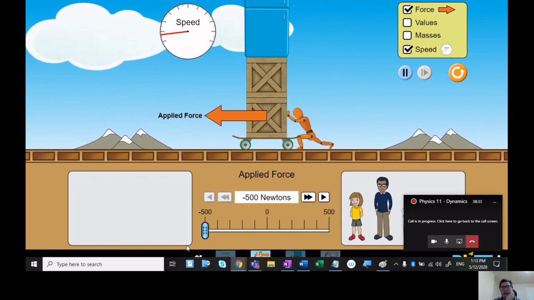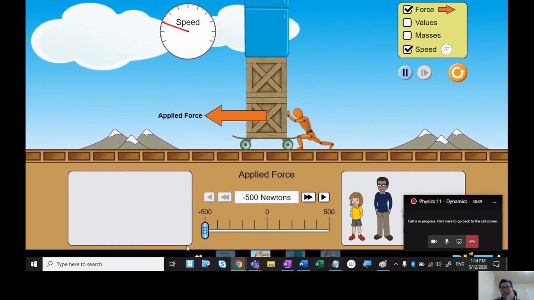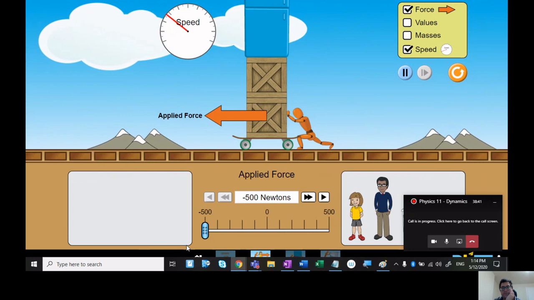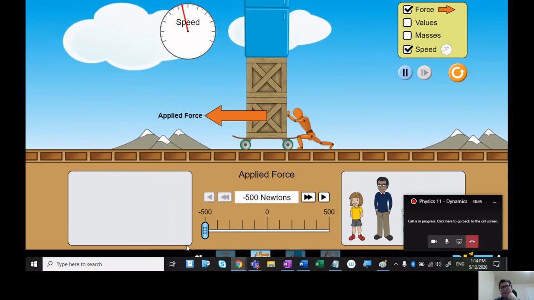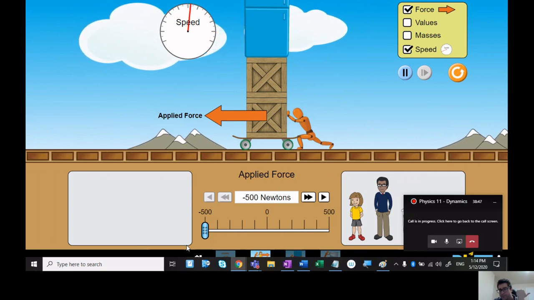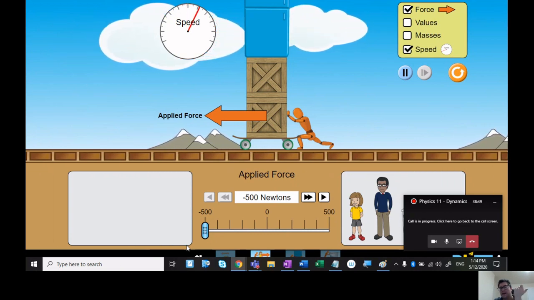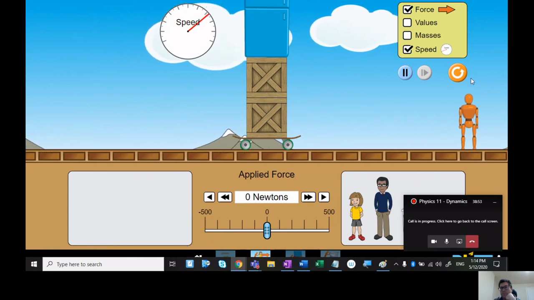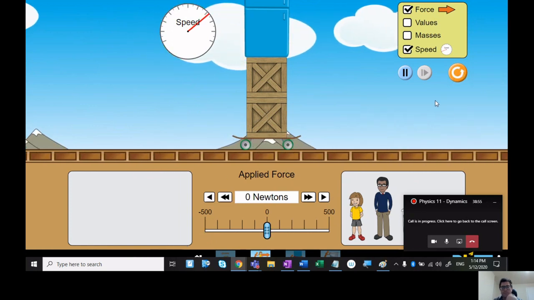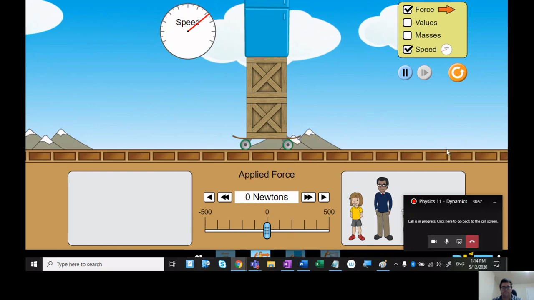Going down 10, 5, 0, minus 5, minus 10, minus 15 meters per second, minus 20, minus 25. So that force is negative, and it's accelerating it in the negative direction, and the speed now is increasing in the negative direction. Great. Thank you very much.